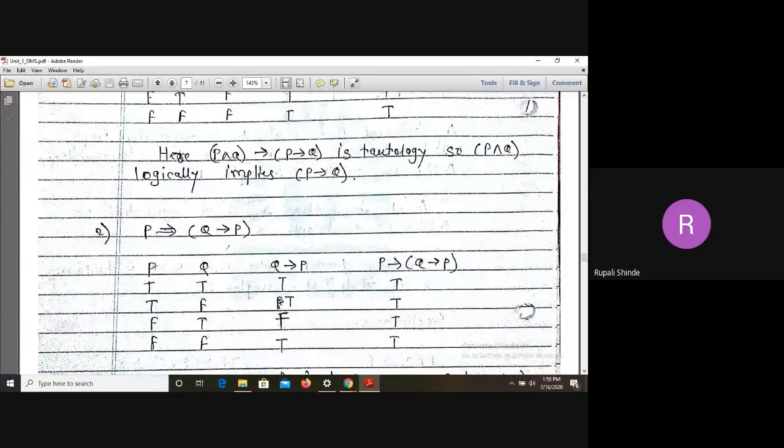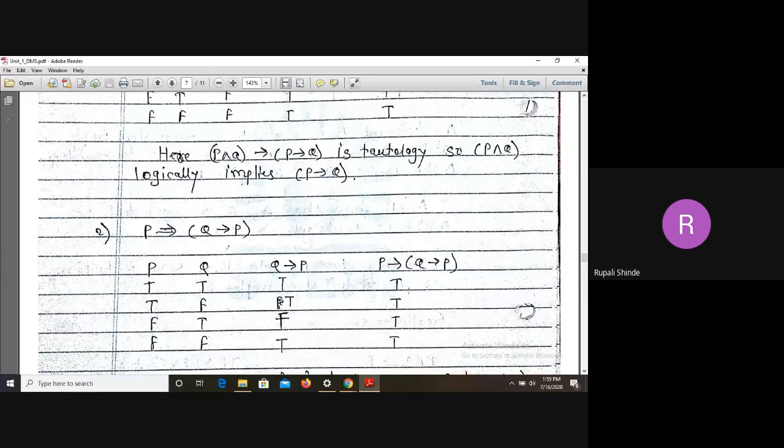Now again we have to take the conditional between these two given formulas: P conditional, Q conditional P. Again for this, we have to check whether a T F combination is there. The first value of P is T. The second, Q conditional P, is T. So check whether a T F combination is there.